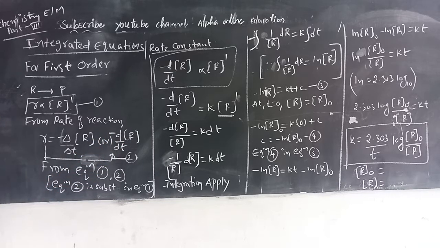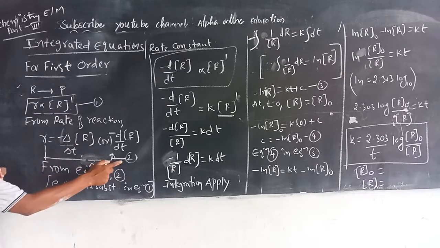The negative sign indicates the reactant concentration, already studied in the rate of reaction concept. Let this be equation 2.